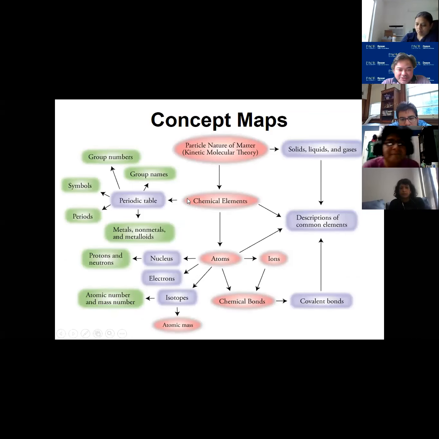And the chemical elements can also be related on a periodic table, wherein you have the different names, symbols, periods, and then you can classify them as metals, non-metals, or metalloids. And in the atoms also, you have the nucleus, electrons, and then the concept of the isotope. Okay, the same number of protons, but different number of neutrons. So these are what we call examples of concept maps.